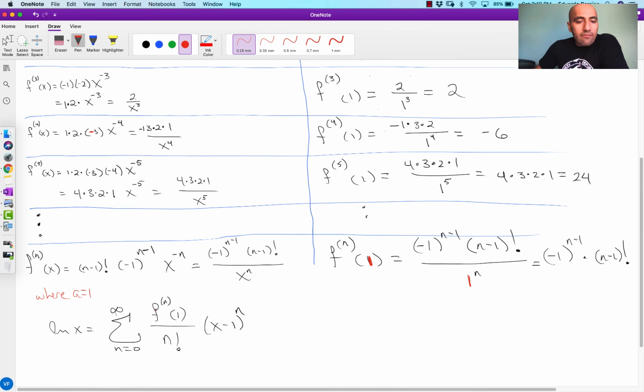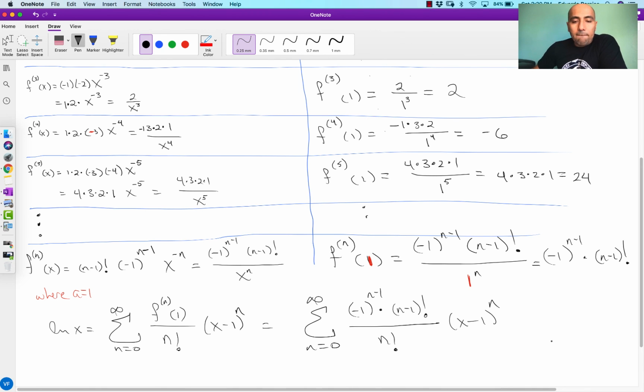Okay, so now we have a formula for this. We can say that whole thing is equal to the sum as n goes from 0 to infinity of negative 1 to the power of n minus 1 times n minus 1 factorial all over n factorial times x minus 1 to the power of n.